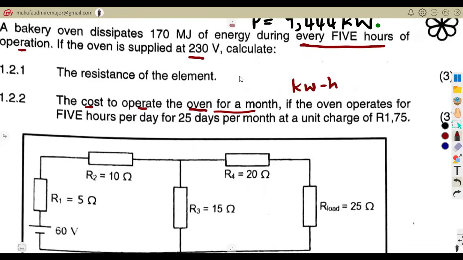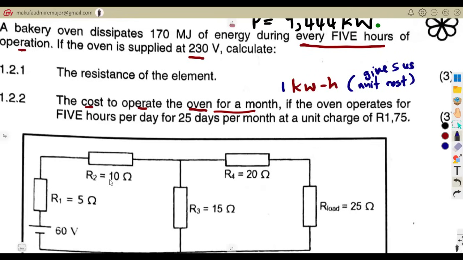The kilowatt hour is just like the unit cost. It gives us the unit cost, meaning per each kilowatt.